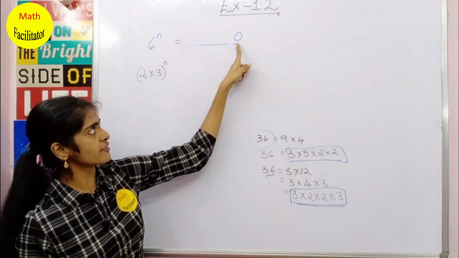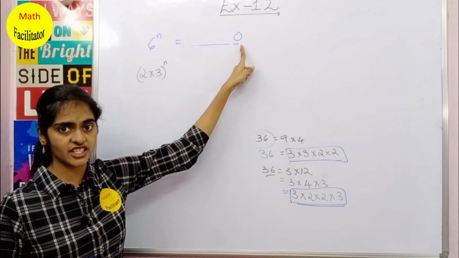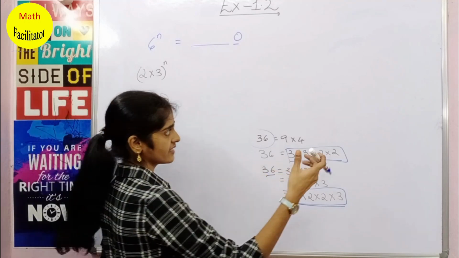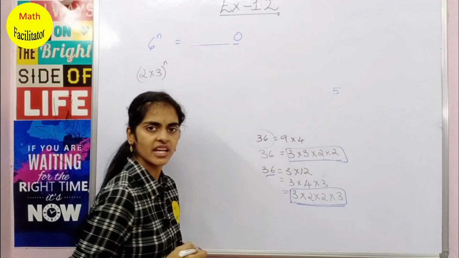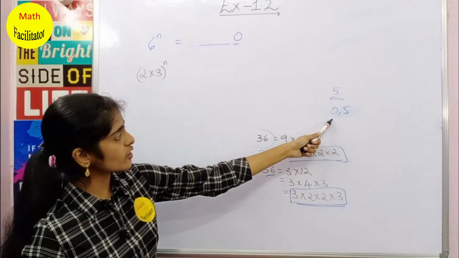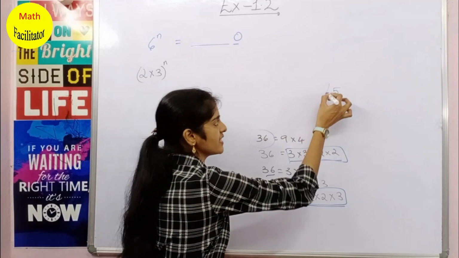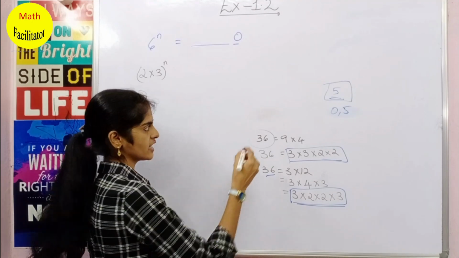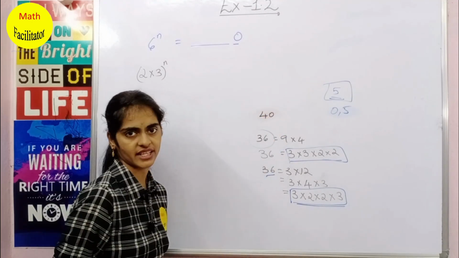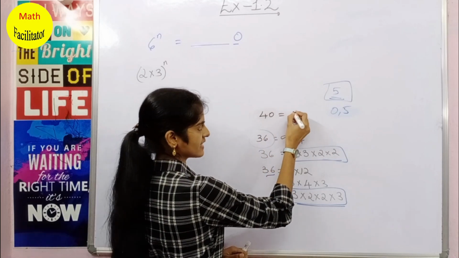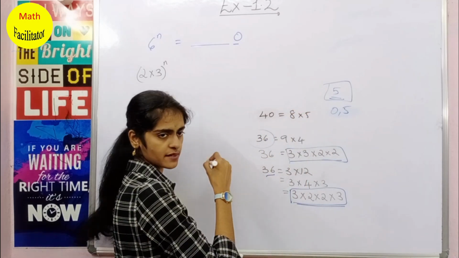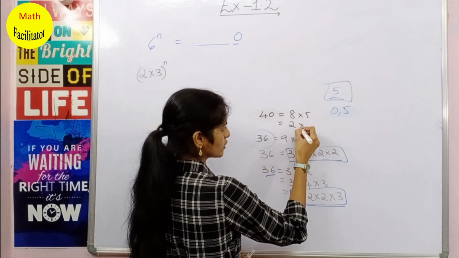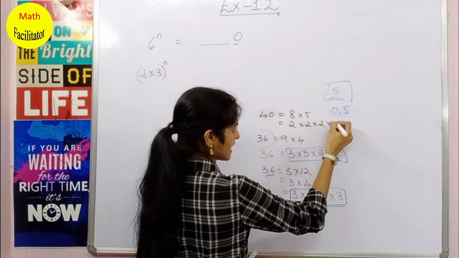Why? Because if you want to get 0 in the units digit, you should have 5 as a factor. So let me take an example and tell you very clearly. Suppose you have the number 40. 40 can be written as 8 multiplied by 5, and 8 is nothing but 2 cube, 2 multiplied 3 times.